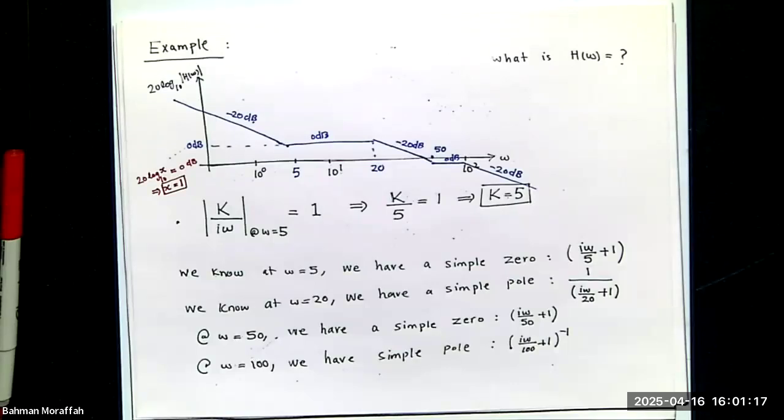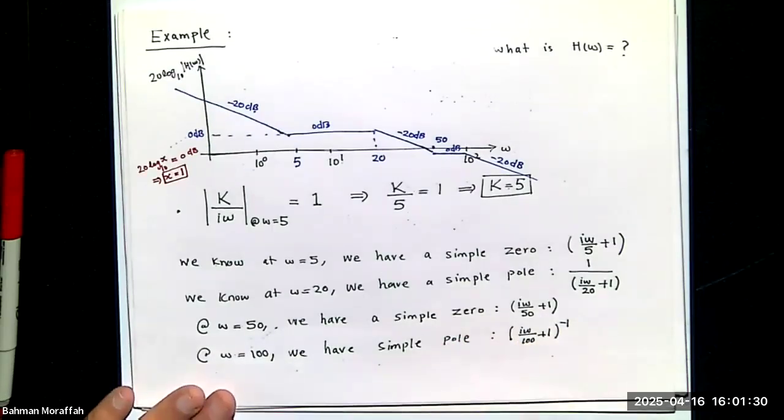And then I'm done. What is my H of omega? All these things multiplied, right? All of them multiplied. So I have H of omega.